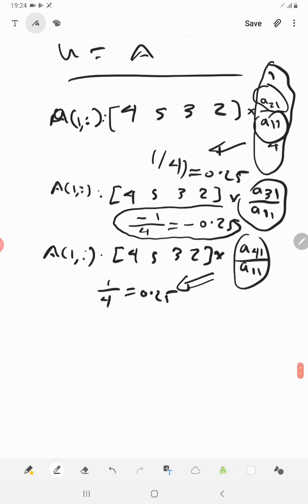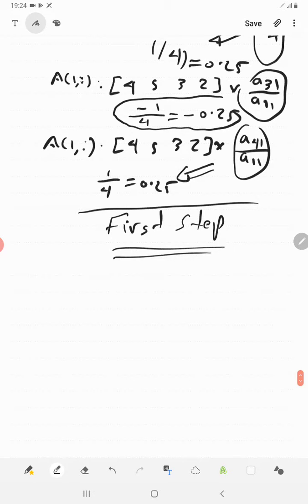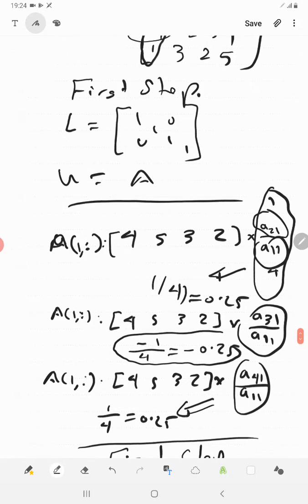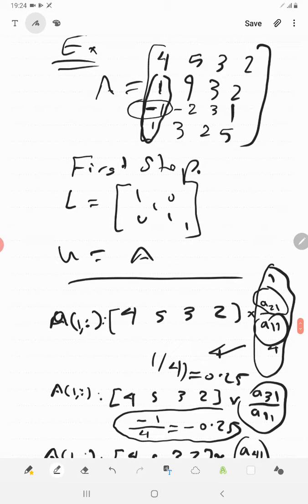Now, to do the first step, we want to modify LU. Originally what we have is 4, 5, 3, 2. Now we come to the second row, what we have here is 1, 9, 3, 2.